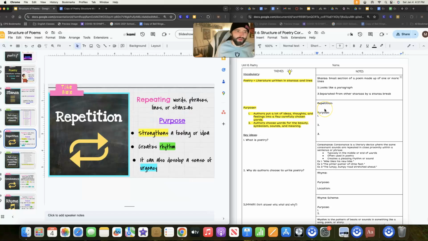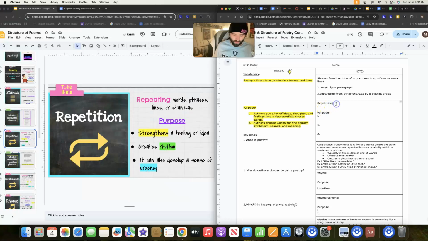Now, our next term here is repetition. Repetition, we've already kind of been exposed to, but this is repeating words, phrases, lines, or stanzas. If you repeat any of those things one time, you have achieved repetition. Just like if your parents tell you to clean your room more than one time, they have achieved repetition.